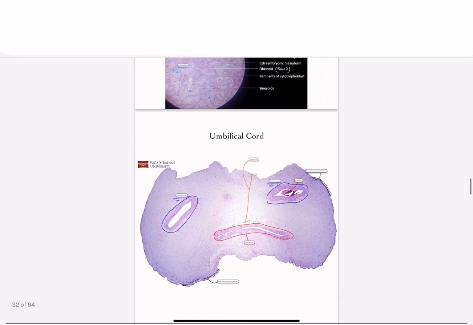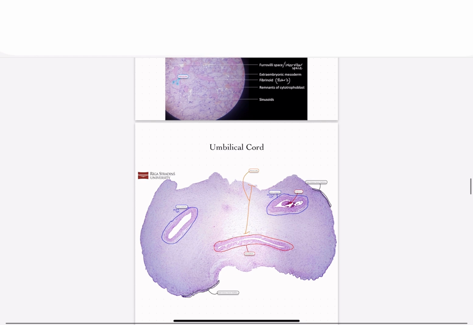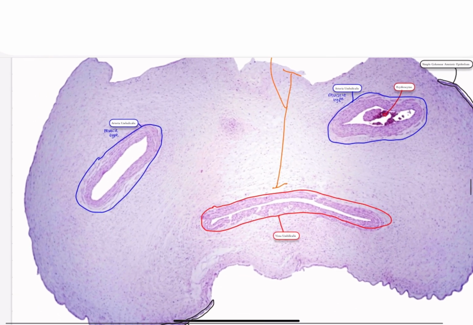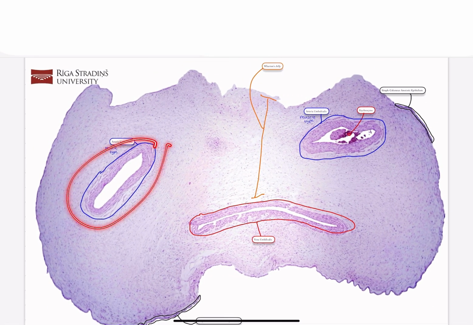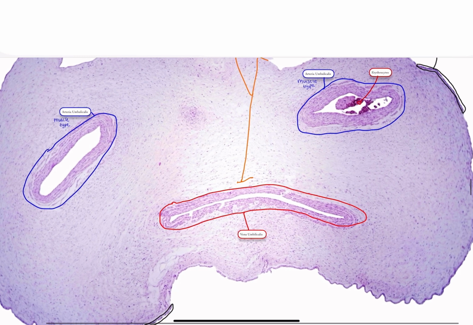And the umbilical cord has 3 unique blood vessels. It always has 2 arteries and 1 vein, vena umbilicalis and 2 arteria umbilicalis. Now all of these are muscle type arteries and muscle type veins. And the way to distinguish the veins from the arteries should be simple to you, but let's repeat.